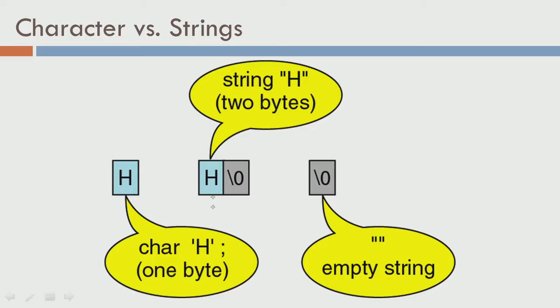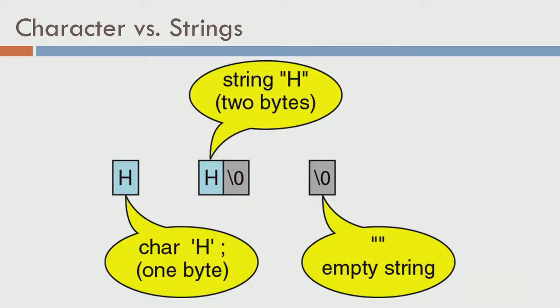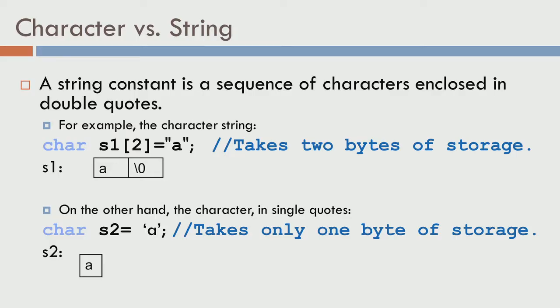So, it stores the letter H followed by \0. This is why I said every string has at least this character \0. So, even an empty string, a string that has no valid characters at all, will still need \0 or 1 byte to store it. So, to reiterate these points, a string is a sequence of characters enclosed in double quotes.